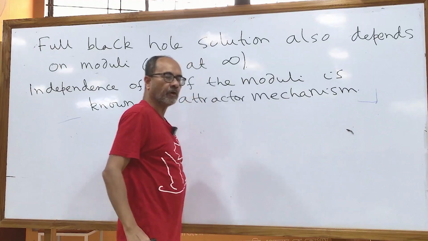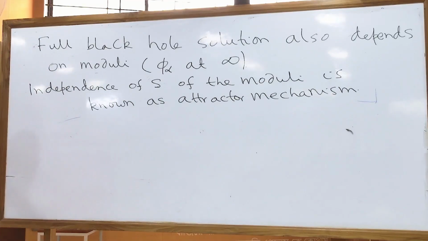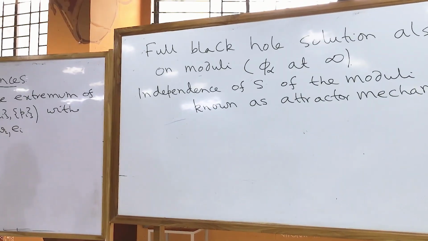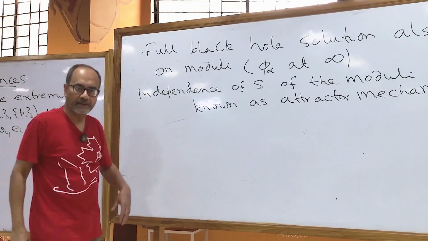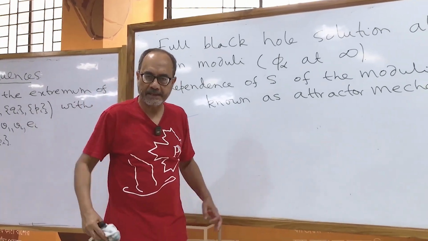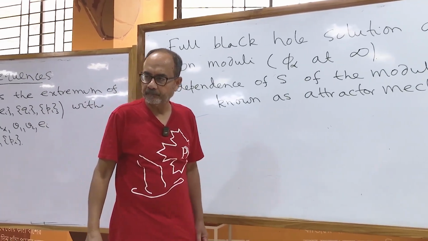Namely, the scalar fields somehow get attracted to fixed values at the horizon that depend only on the charges, irrespective of what the values were at infinity. And as a result, the entropy doesn't depend on those values.